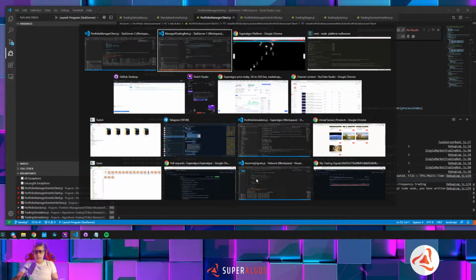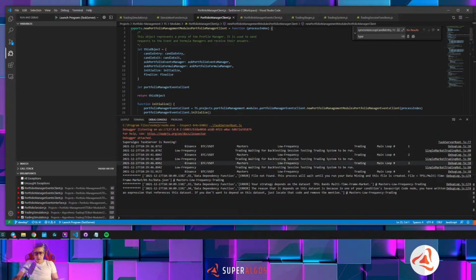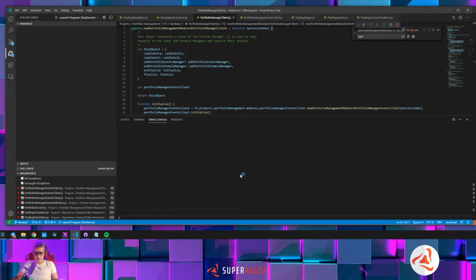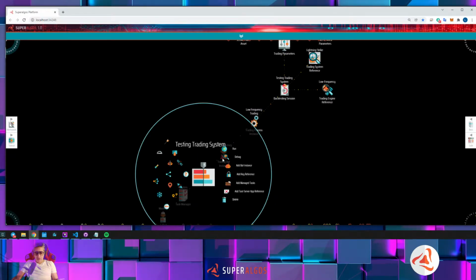So we save and we have the portfolio bot running and the trading bot obviously not running, so we will run it now. Okay, then we connect it over here.